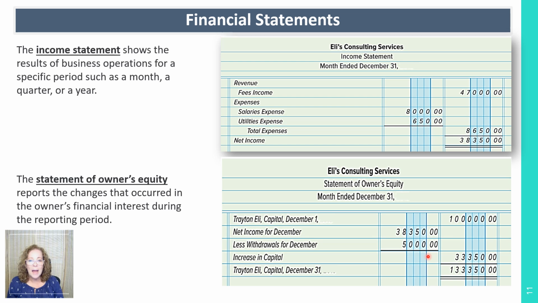The next step is to add that amount to the $100,000 capital and the ending capital as of December 31st for a total of $133,350. Next up is the balance sheet. Why is the balance sheet last? Because we need the ending capital balance from the statement of owner's equity to complete the balance sheet.